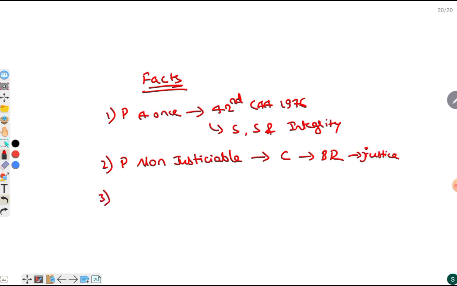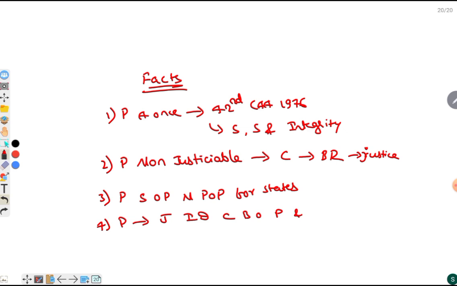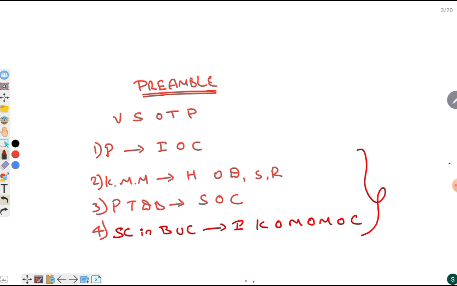Then the preamble is neither a source of power nor a prohibition of power for states. And this preamble helps the judiciary in deciding cases based on philosophical and ideological brainstorming. For example, the Supreme Court in the Sabarimala case and Triple Talaq case mentioned the preamble is basic Indian philosophy that needs to be adhered to.